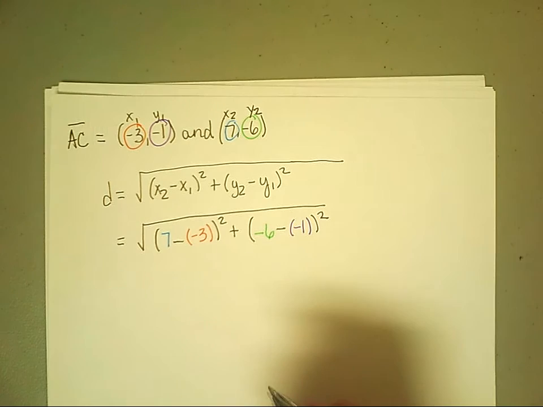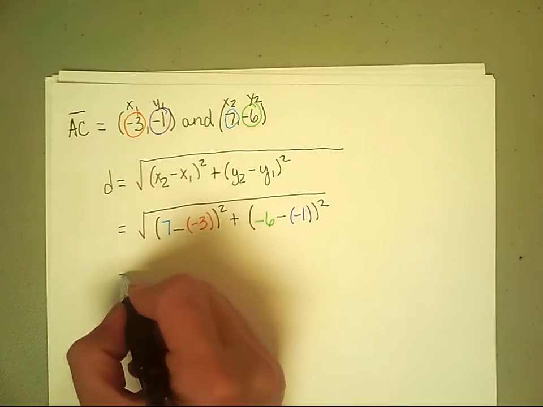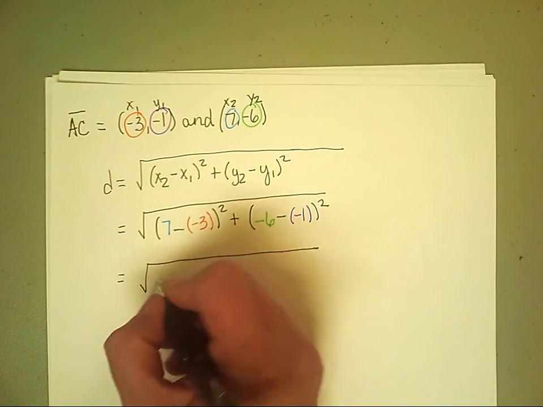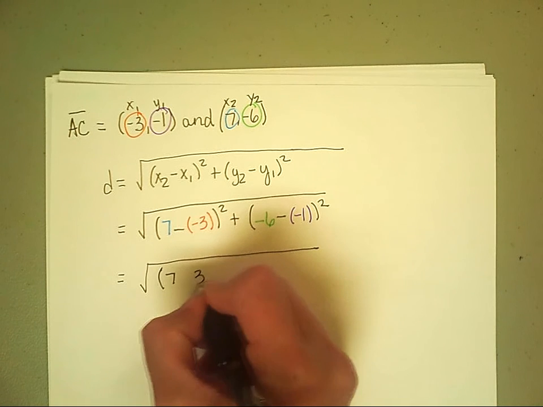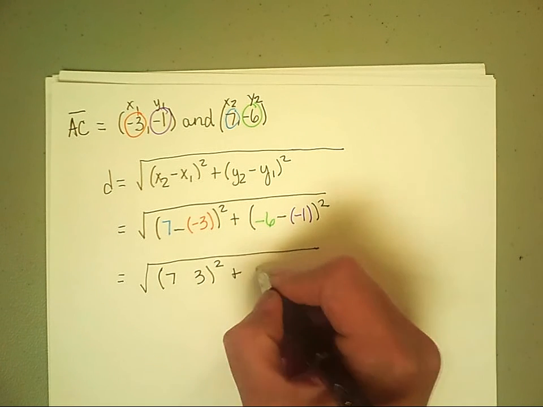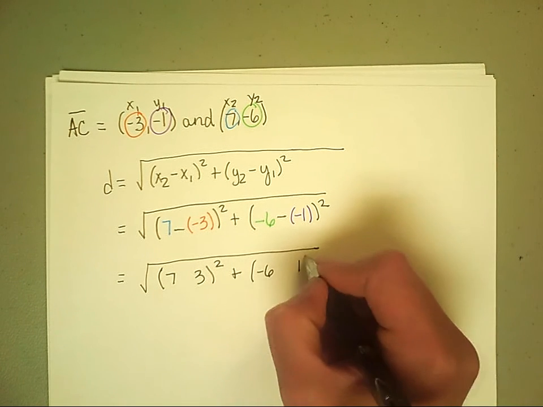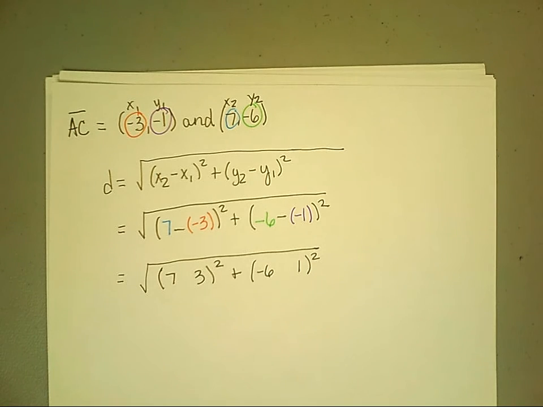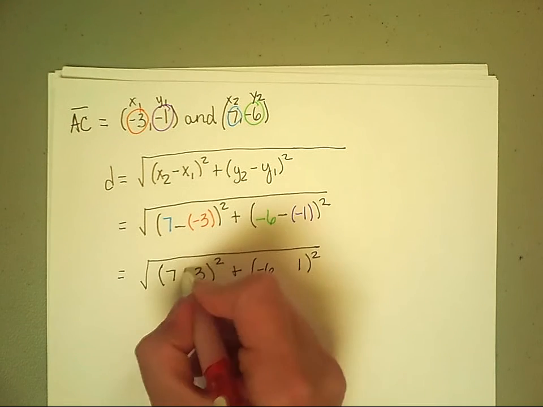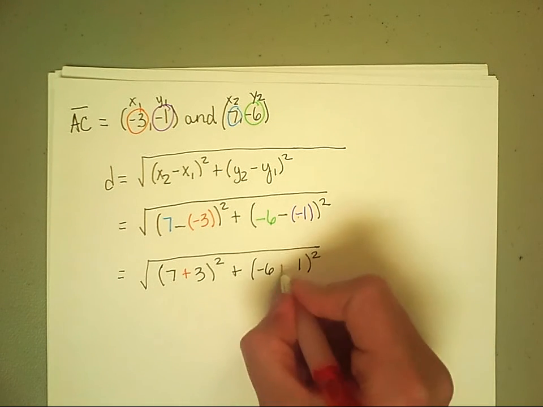Now we need to simplify inside. So the square root of 7, -6 and +1. Remember, in both of these cases we're subtracting the negative, so this becomes plus.